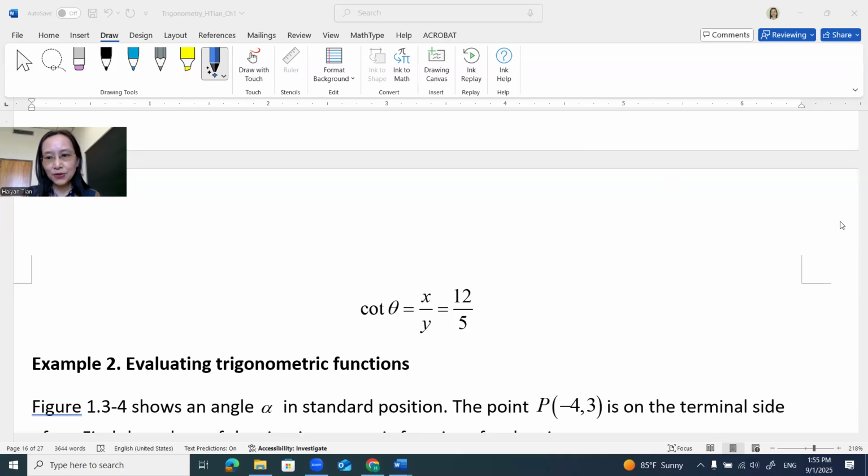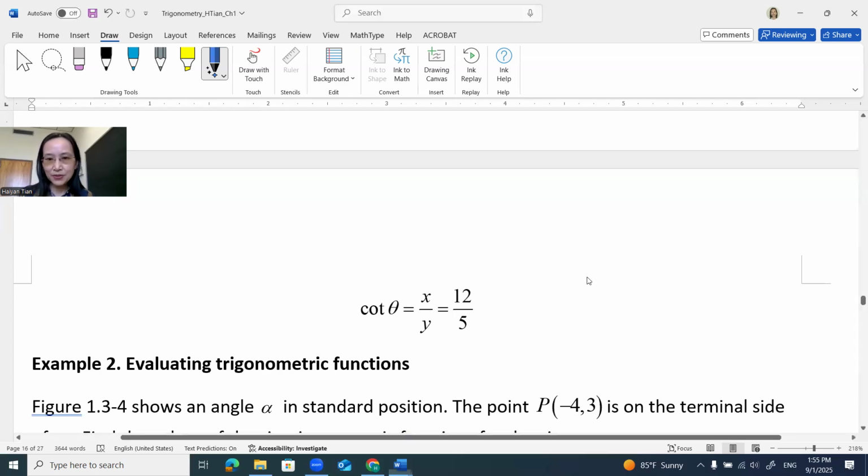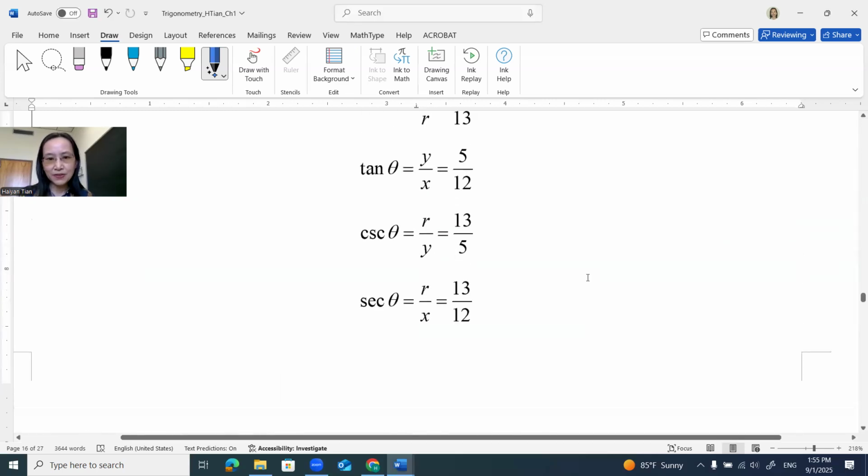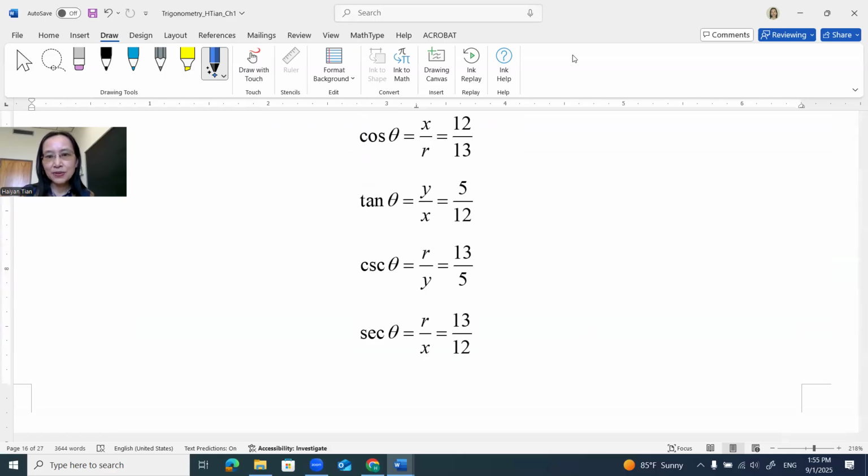And therefore, all the 6 trigonometric function values are defined because you never divide anything by 0. Because all these x, y are positive, you have no worries when you divide by a positive number. So all 6 trigonometric functions are defined.